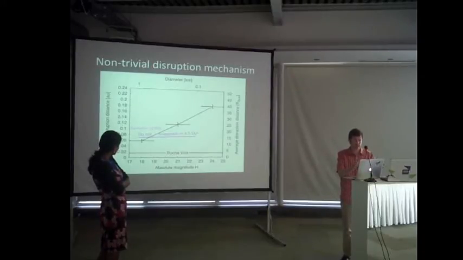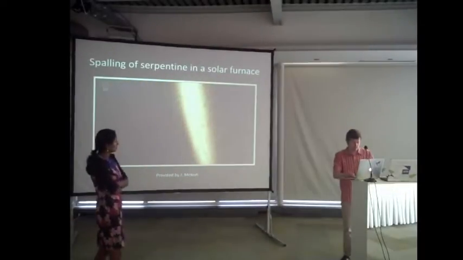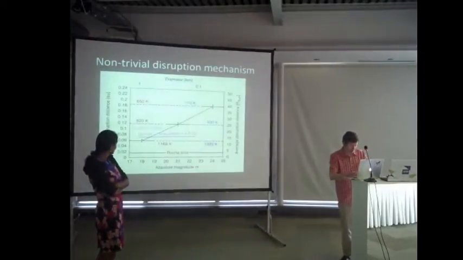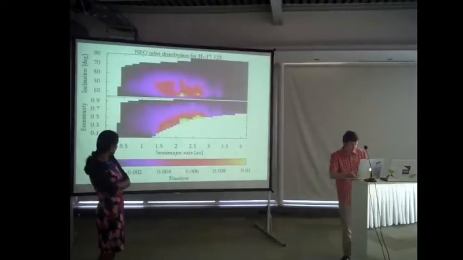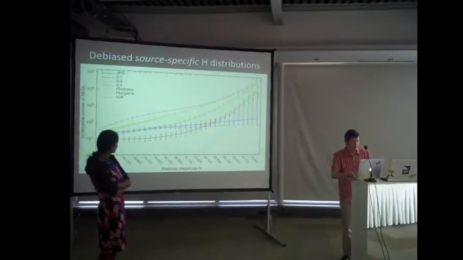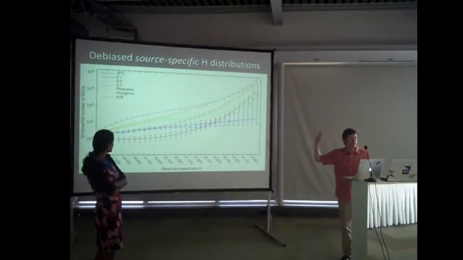Right. So this is the thing: the orbit distributions are fixed, but the size distributions from different sources change.